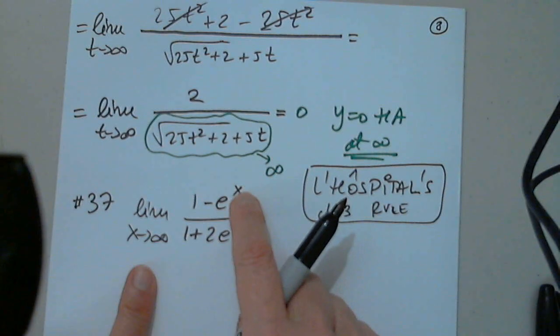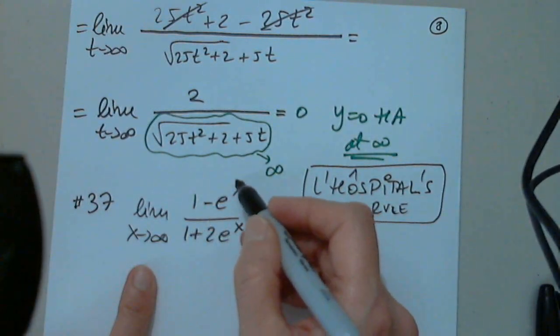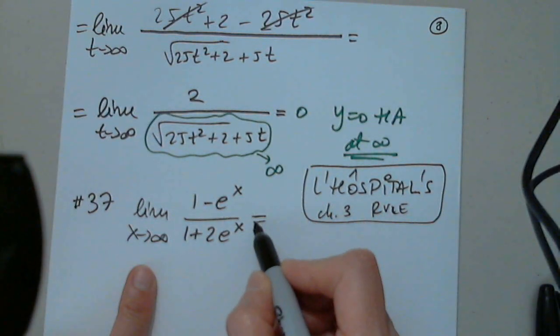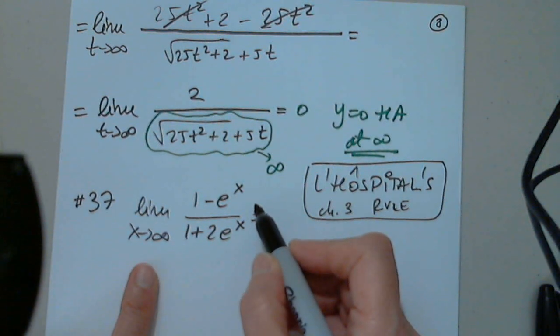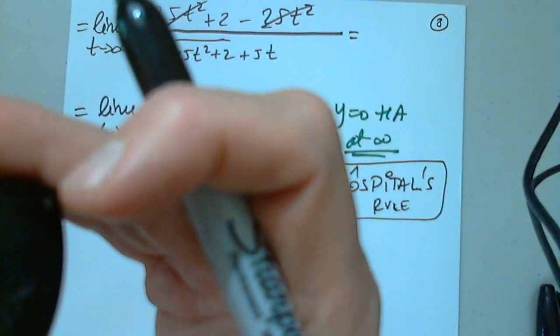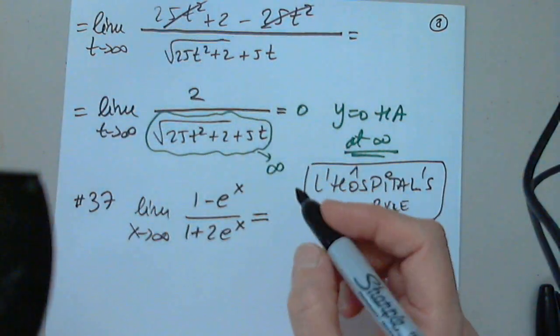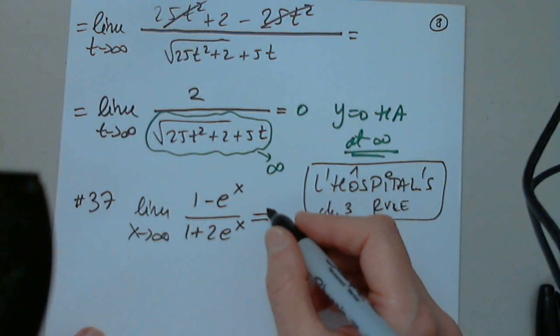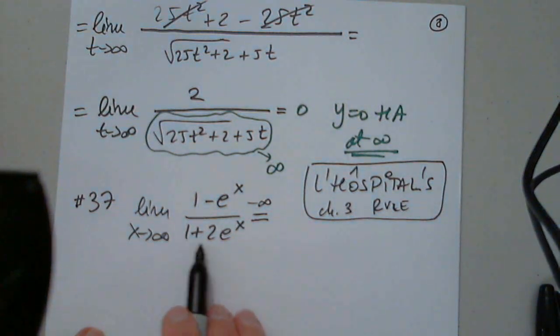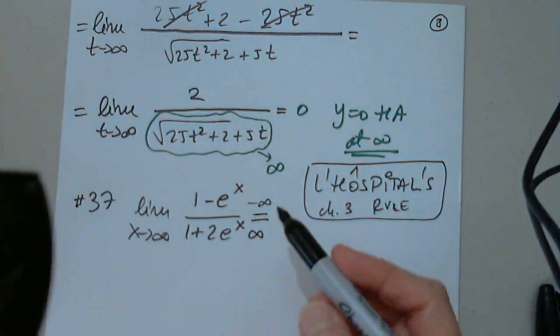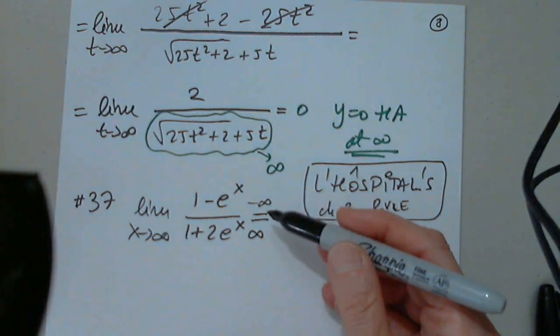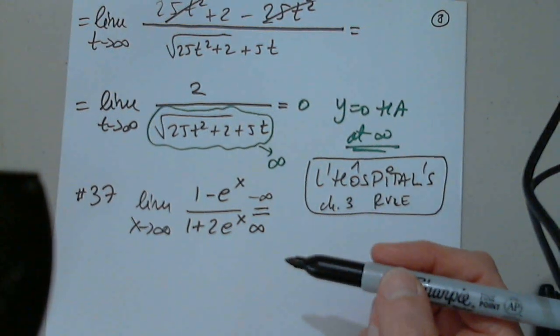So plug in infinity and tell me where this is going. Negative infinity. Of course. And the denominator, where is this going? Positive infinity. Of course. So it's one of the 3 indeterminate cases that we've seen before.